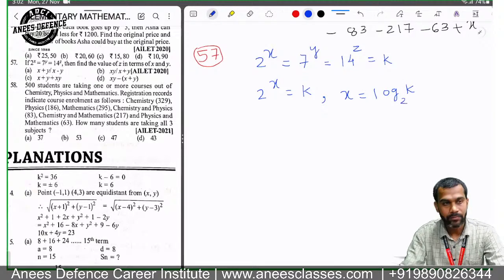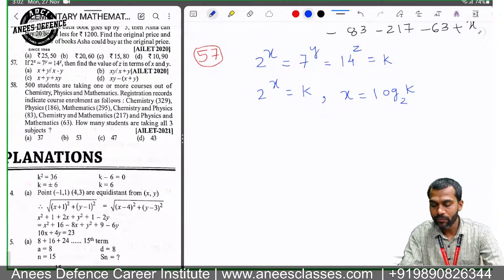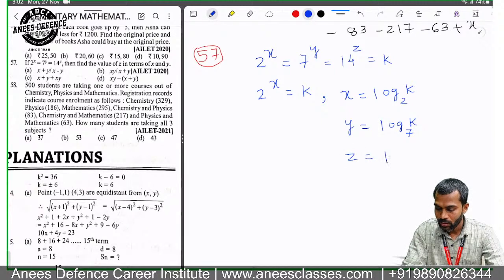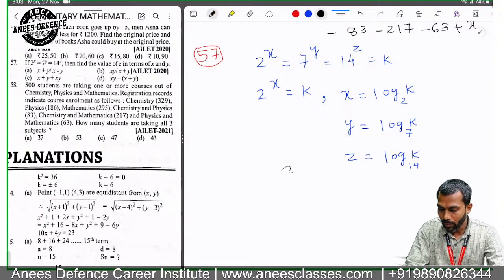Have you understood this one? I have skipped one step. Similarly, I can write y is equal to, tell me, log k base 7. Very good. Now, z is equal to log k base 14. Now, could you just tell me what is 1 by x?